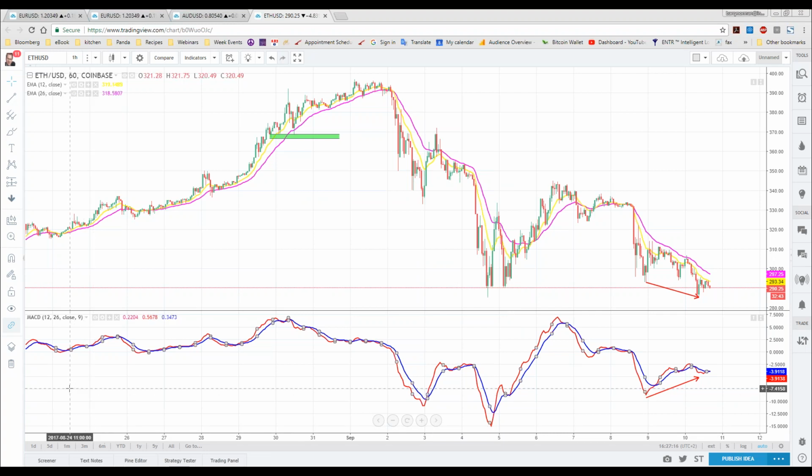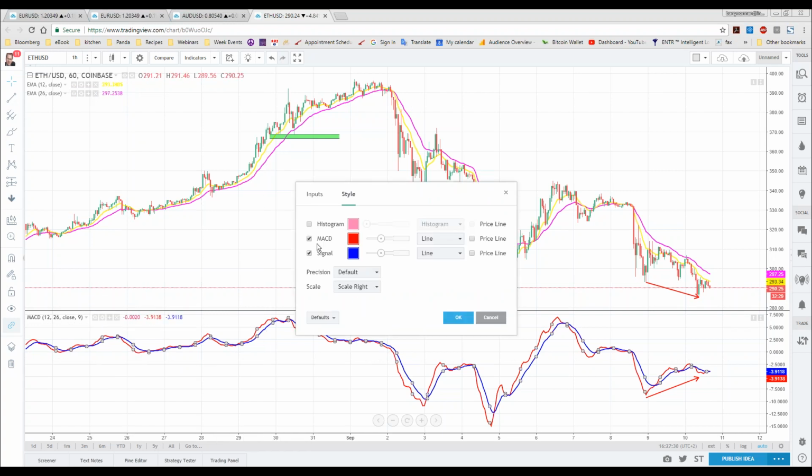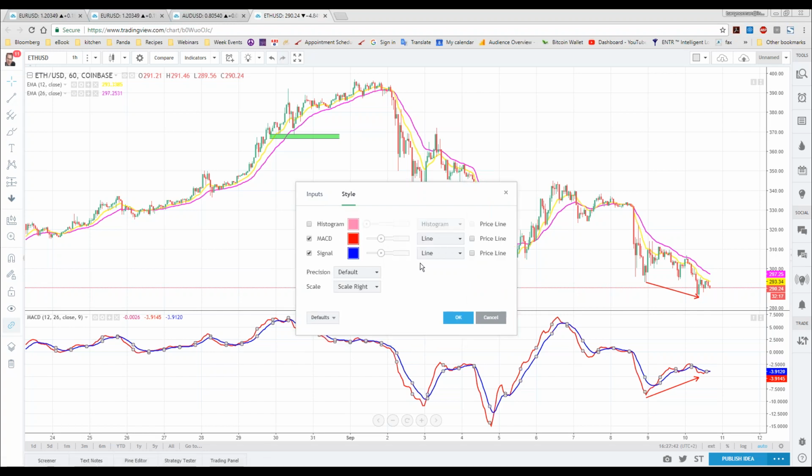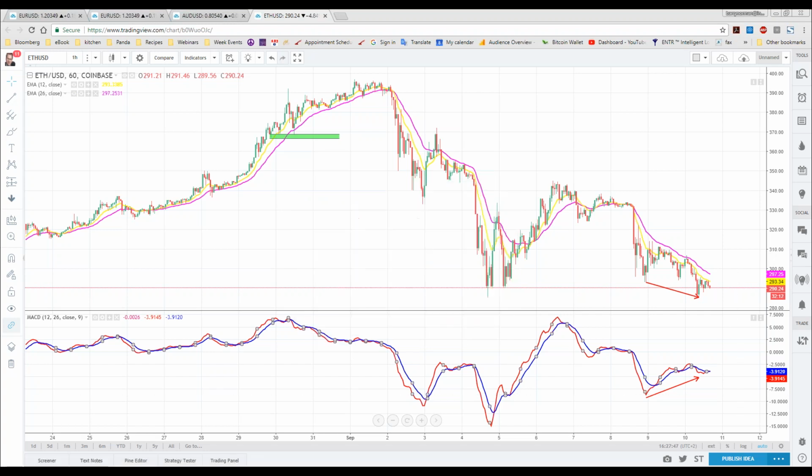Okay. So now we have this MACD line. Actually, let's put the 0 line on here so it's pretty easy to see also.